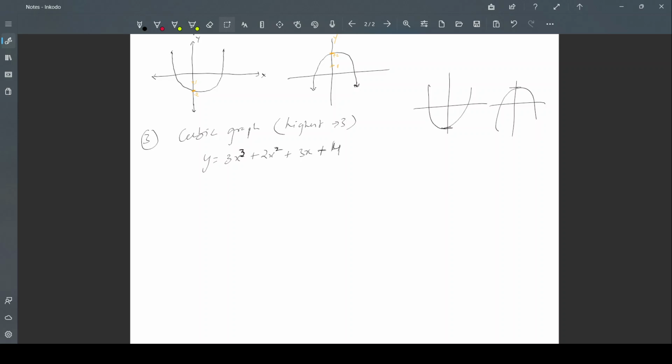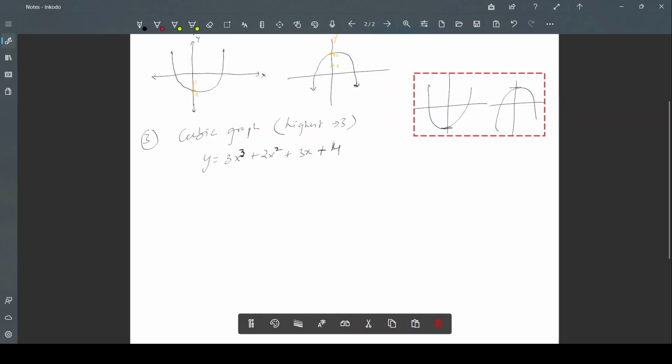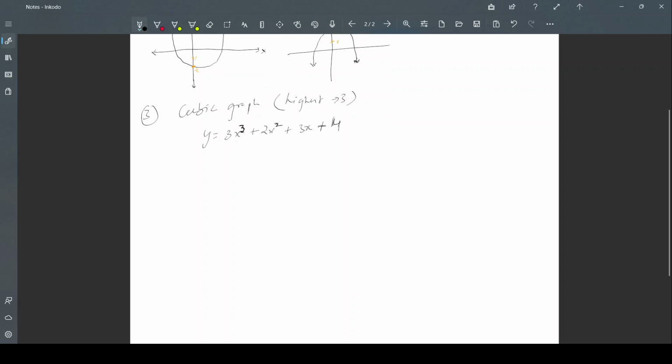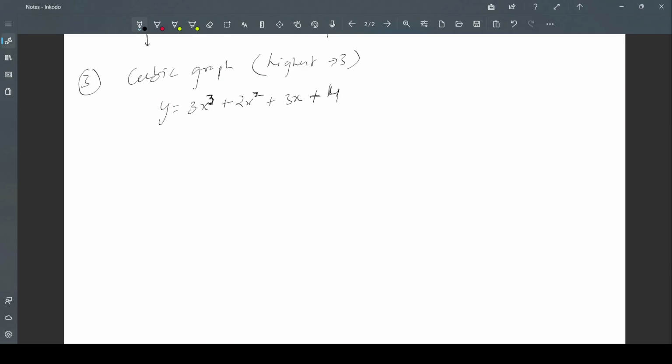So the same way, you have to remember the pattern of the graph, how a cubic graph looks like. If we have a cubic graph in this format, we can call this a cubic graph because a cubic graph has 3 solutions, right? You can see that it's a cube, so it will have 3 solutions.